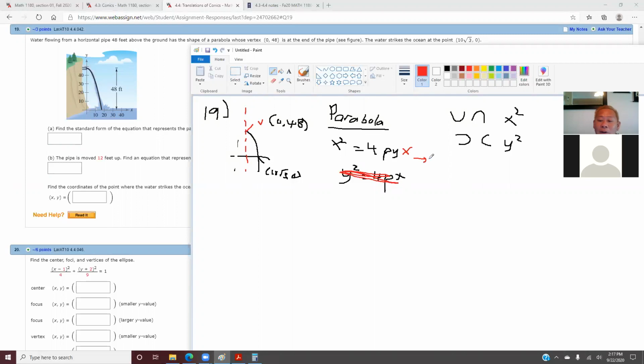This is where your vertex is at (0, 0). But this vertex is not at (0, 0). So you have to use the formula that looks like this: (x minus h) squared equals 4p times (y minus k).